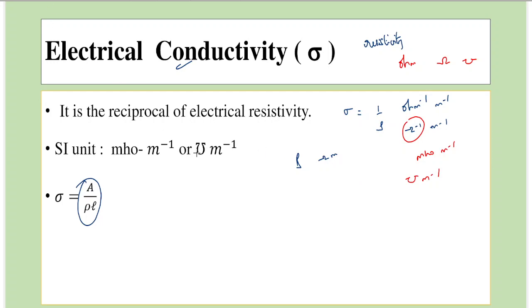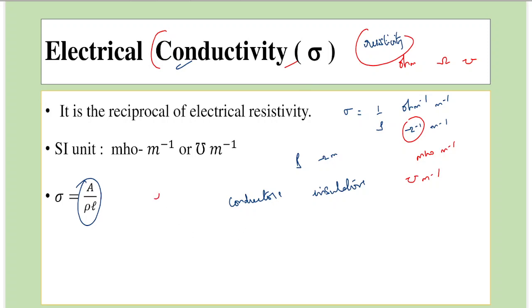Now, if you want to understand its significance, then we can think of two kinds of materials called conductors and insulators. Now we can define whether something is a conductor or an insulator based on either conductivity or resistivity. By common sense, we can tell that conductors are materials which will have higher conductivity.